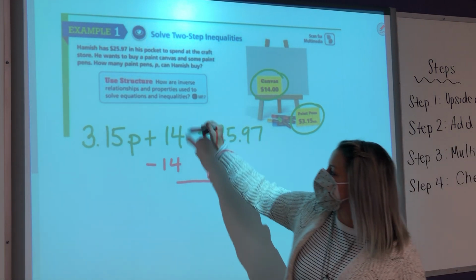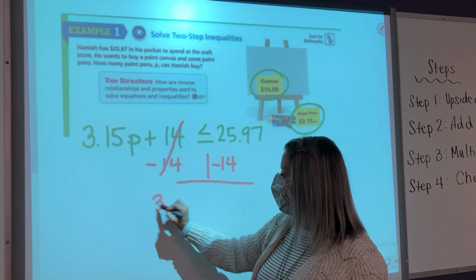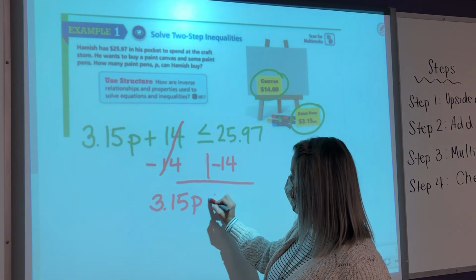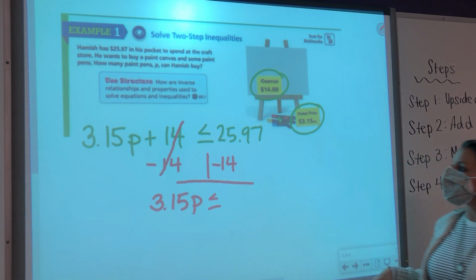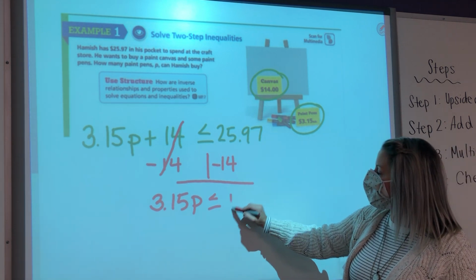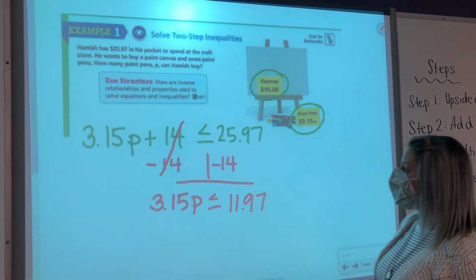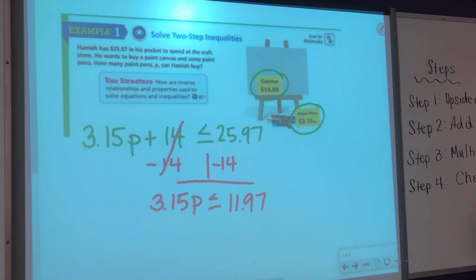So our 14s cancel out. And then 25.97 minus 14 is 11.97. Is that right? Yeah. So what this tells us is that I've got $11.97 to spend on paint pens.